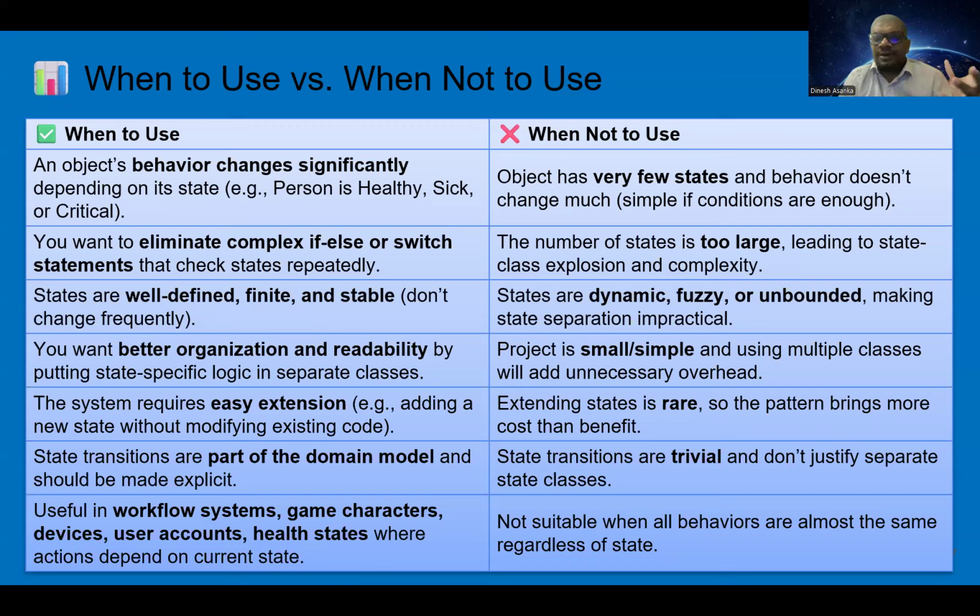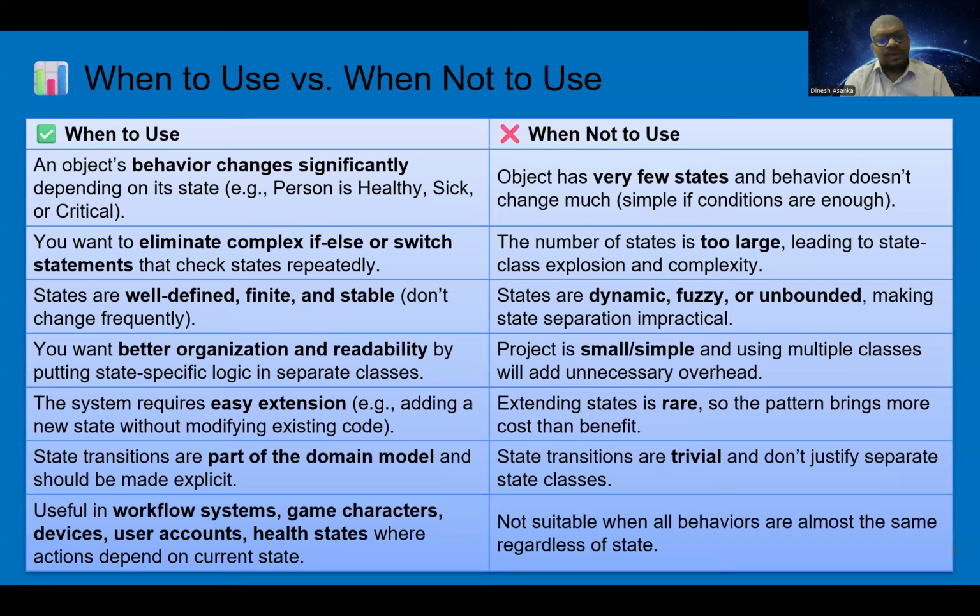And if you have too many transitions that you handle with if conditions, that is another good candidate for the state design pattern. If the states and transitions are well defined, that's where you can use it. And if you want easy extensions, that is, in future multiple states can come, that is another place where you can use the state design pattern.